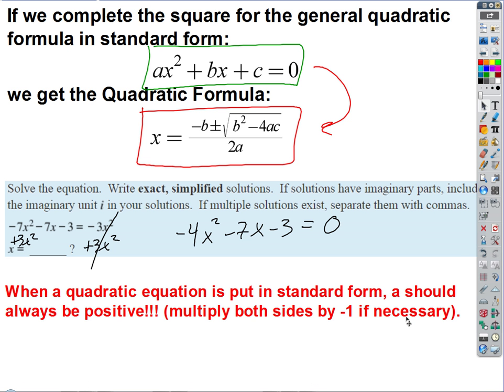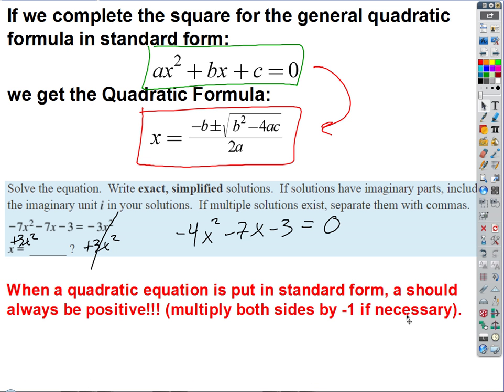If we just always want to make sure that a is positive, if it starts off being negative, all I've got to do is multiply both sides by negative 1. If I multiply both sides of this equation by negative 1, what's it going to do? Yeah, it's just going to change the signs of each term, right? That's all it does is flip the signs of each term. And 0 just stays 0, right? 0 times negative 1 is still 0.